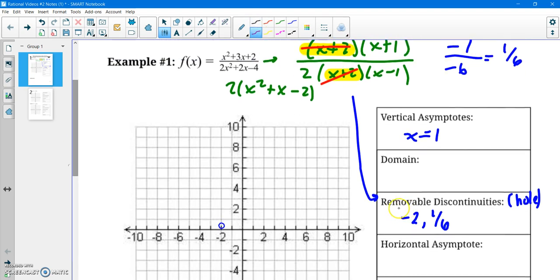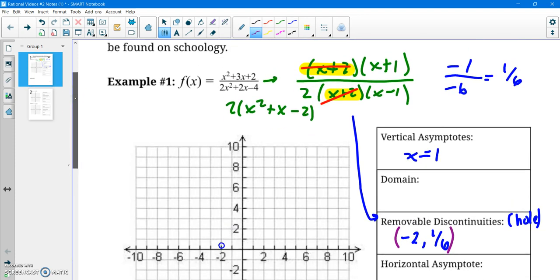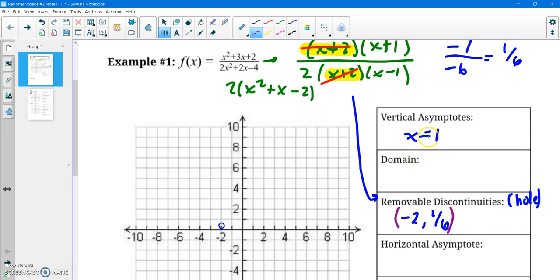Holes are points, or their lack of points, and that still affects our domain. So for our domain, we still can't equal 1, and we can't equal -2. So I'm going to do my domain: -infinity to -2, pick right back up at -2 but don't hit it, go to 1, can't hit 1, but I can pick right back up after 1.